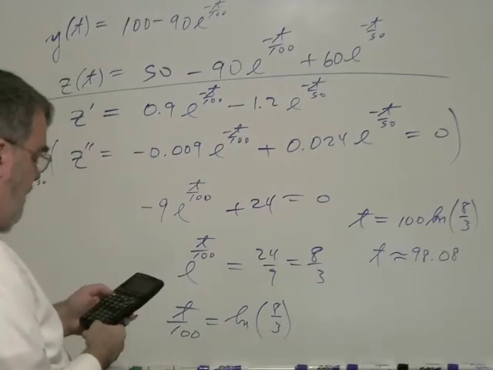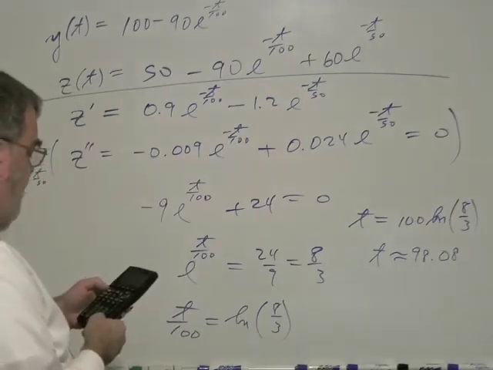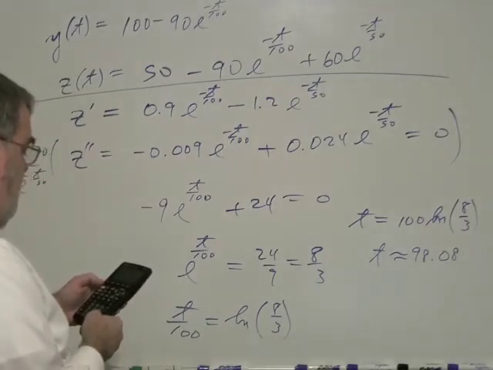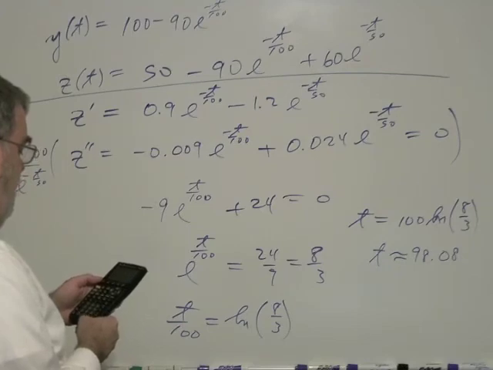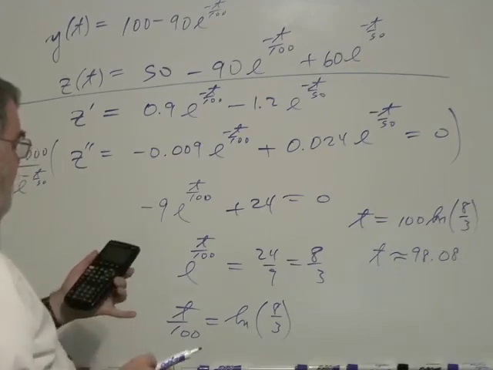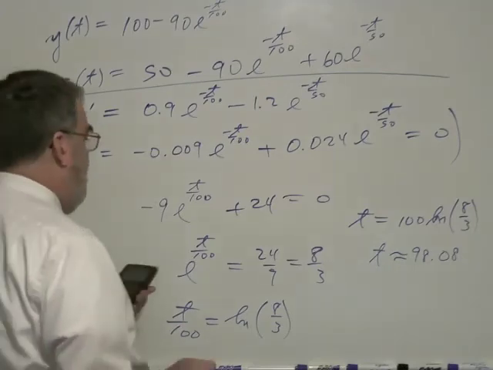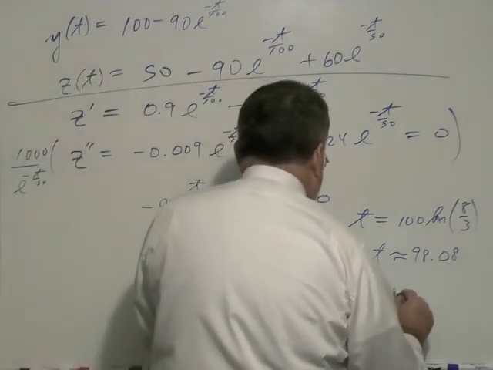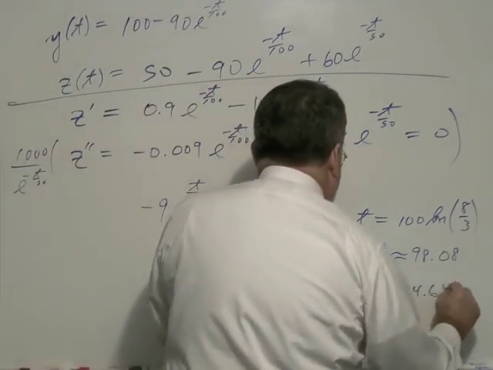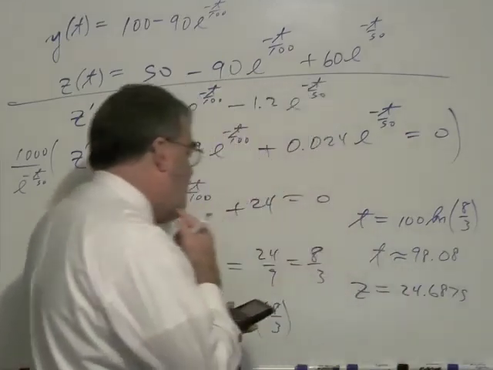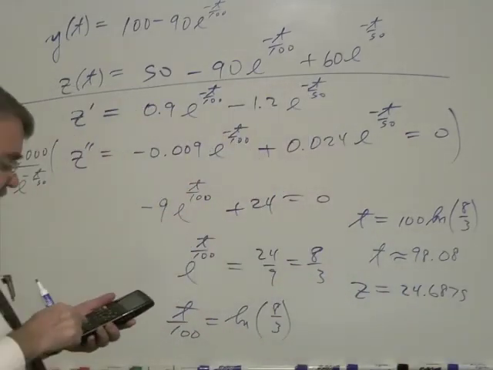So I wonder if I can get that function back. There it is. It comes out to be 24.6875. So z is 24.6875. Now I think that's probably an exact fraction too.